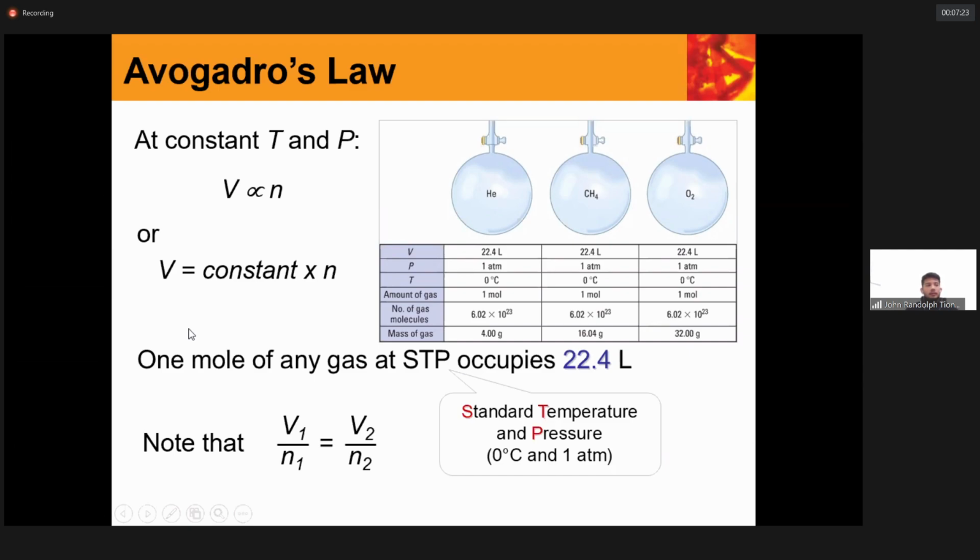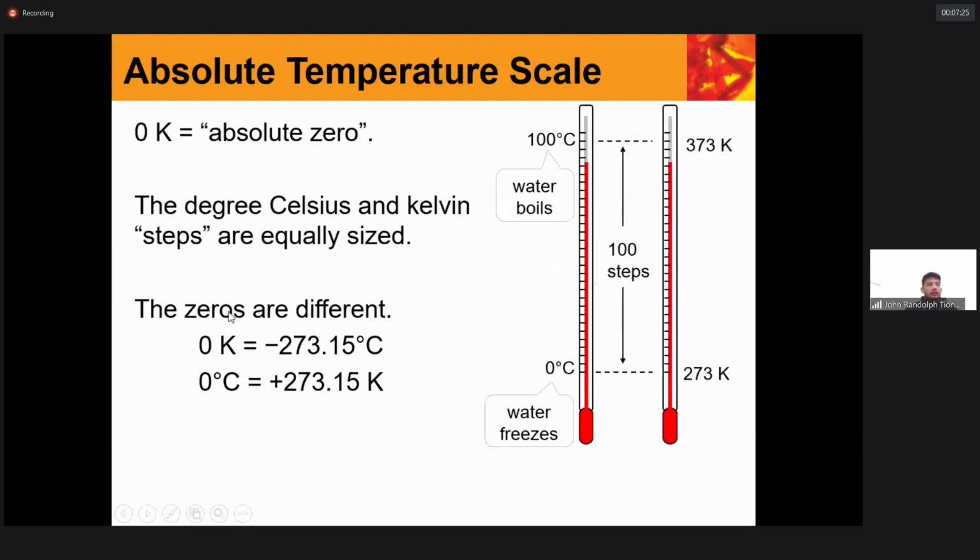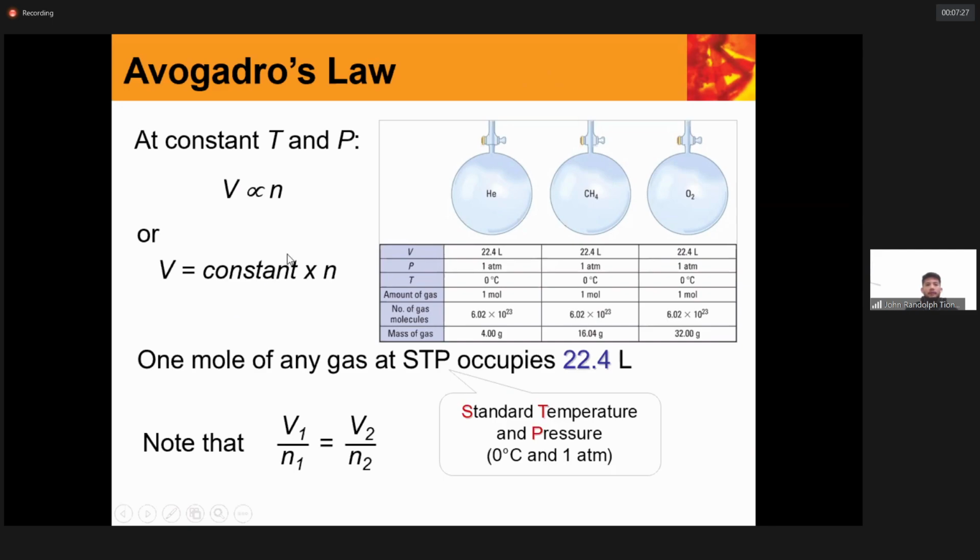Okay. So we start with Avogadro's law. For Avogadro's law, at constant temperature and pressure, volume is directly proportional to n, the number of moles.